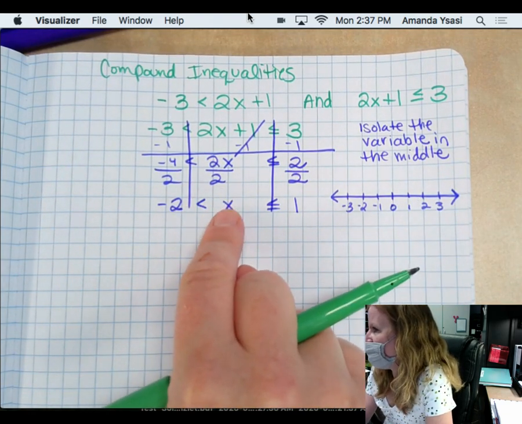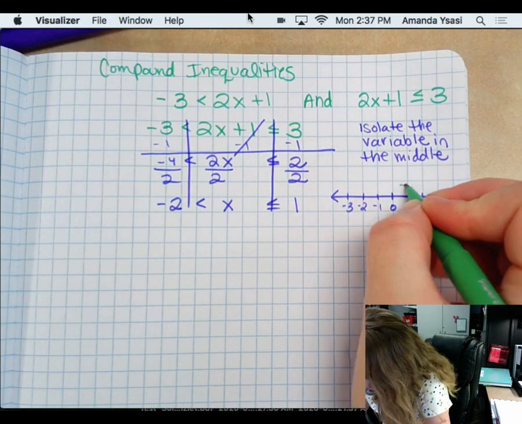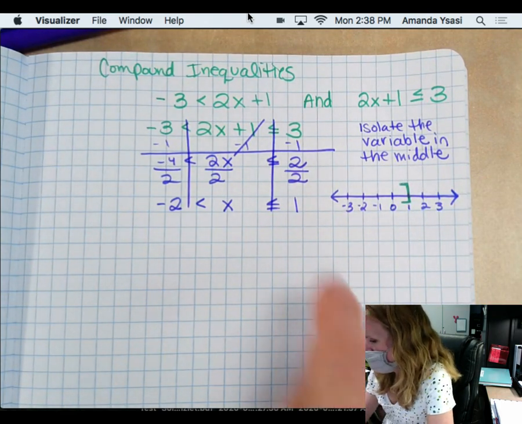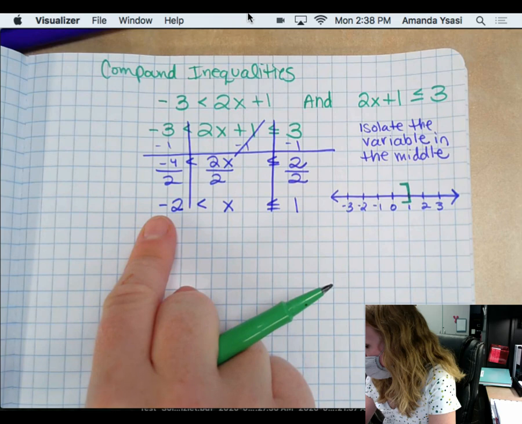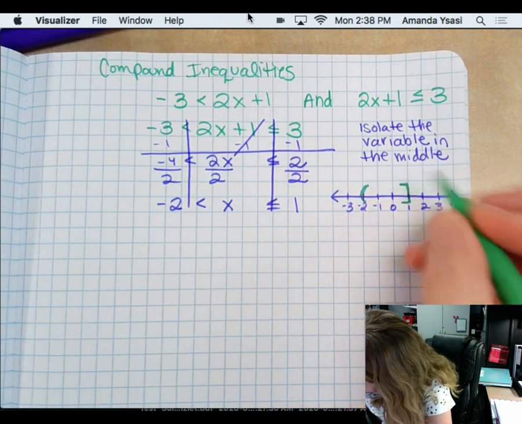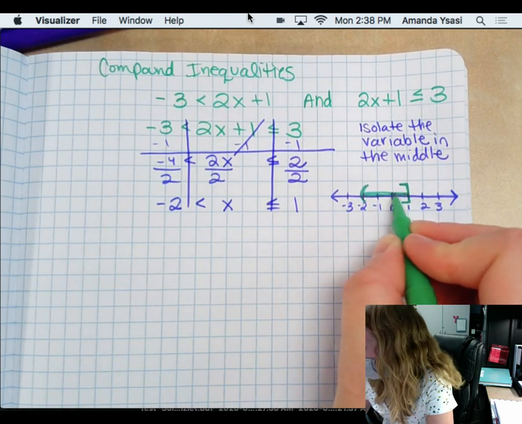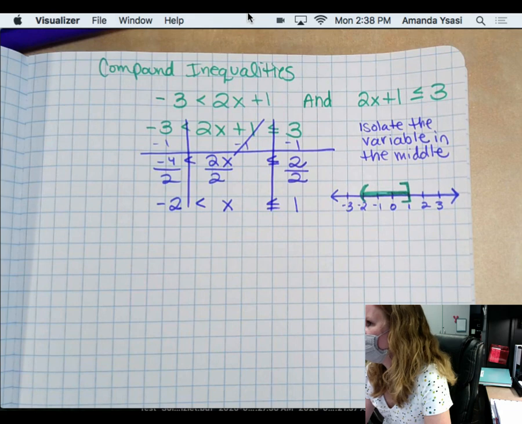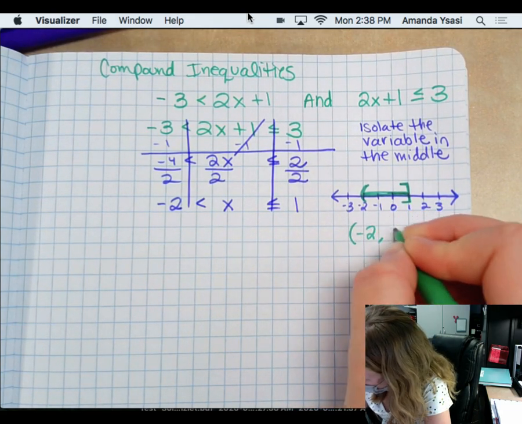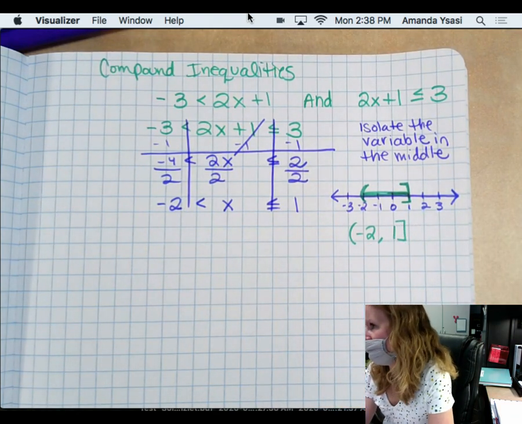And this means that x is less than or equal to 1, so that means bracket on 1. And then -2 is less than x, like that. So then we can write the interval notation: parentheses, -2, comma 1, bracket.